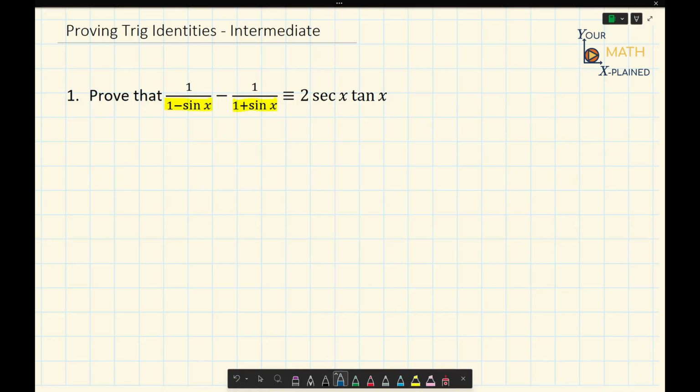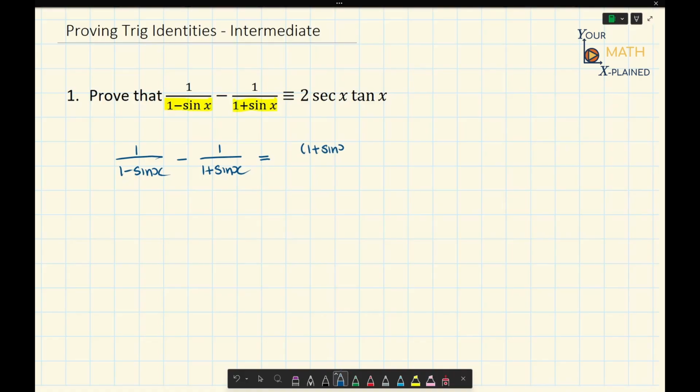So we start with 1 over 1 minus sine x, minus 1 over 1 plus sine x. And what we're going to do is multiply our first fraction by 1 plus sine x on the top and on the bottom.